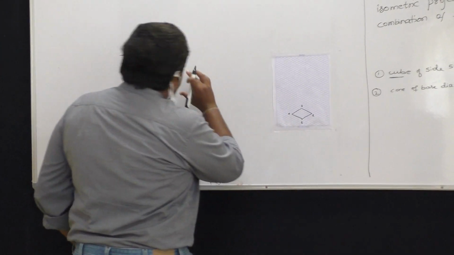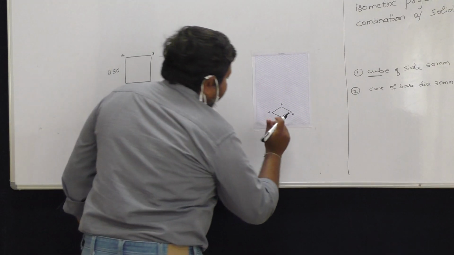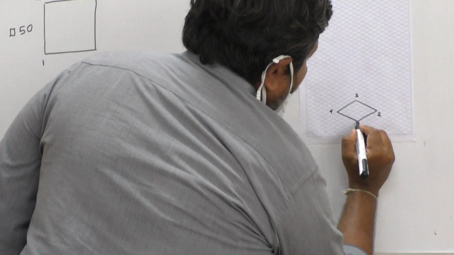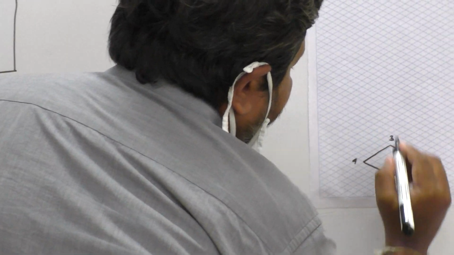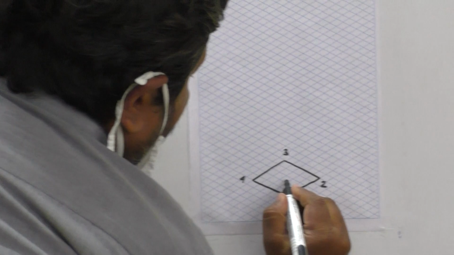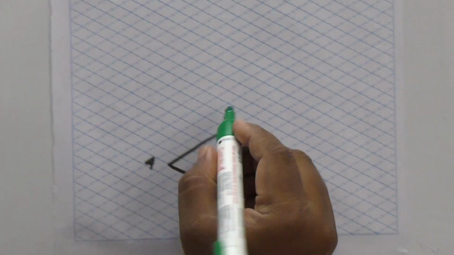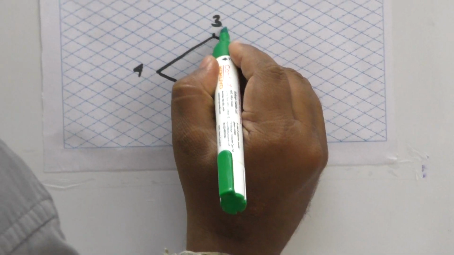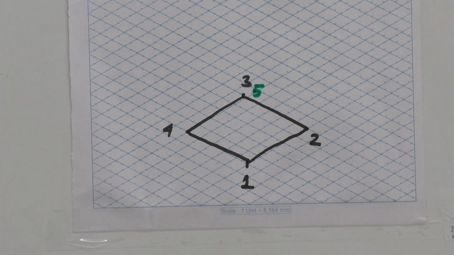The height of the corner will be 50 millimeters. From 1 I have to raise it by 5 units, 1, 2, 3, 4 and 5. It coincides with the corner 3 only, so I will write this as corner 5.